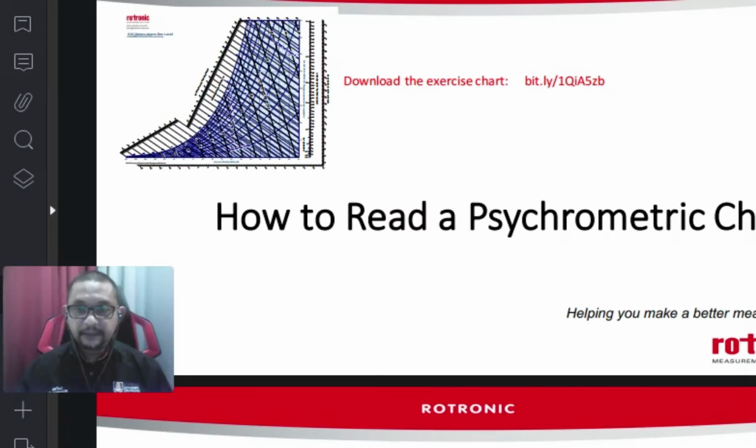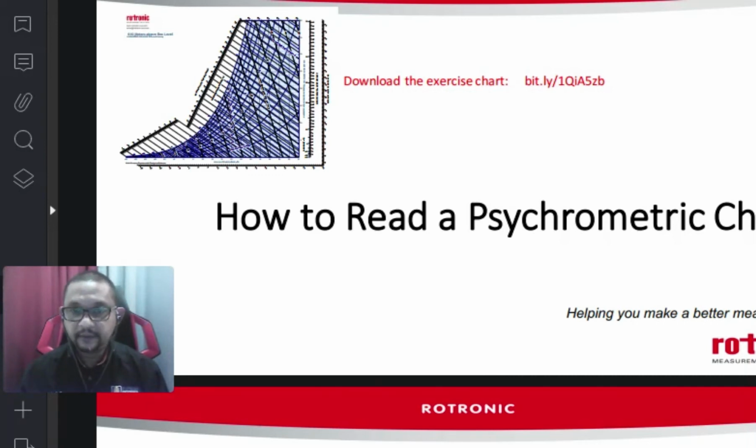To understand the psychrometric chart more clearly, I will show you one of the slides that shows how to read a psychrometric chart.